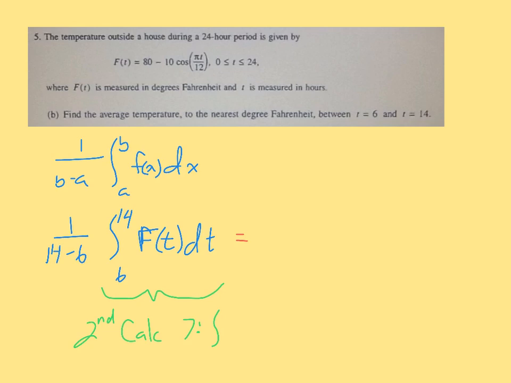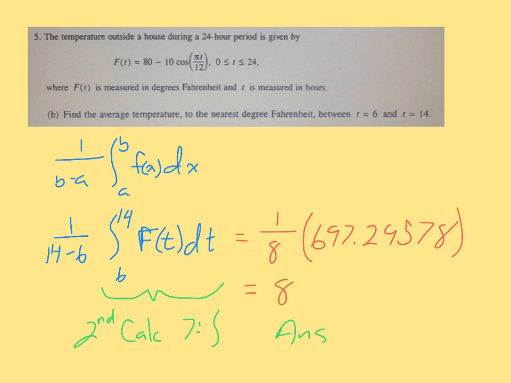And now I have 1 over 14 minus 6 is 8 times all of this that I just found, 697.29578. And on my calculator, what I'm going to do is hit answer. So it will take that answer, and I'm going to divide it by 8, or multiply by 1 over 8. And I end up with an average temperature of 87 degrees Fahrenheit. That's to the nearest degree.